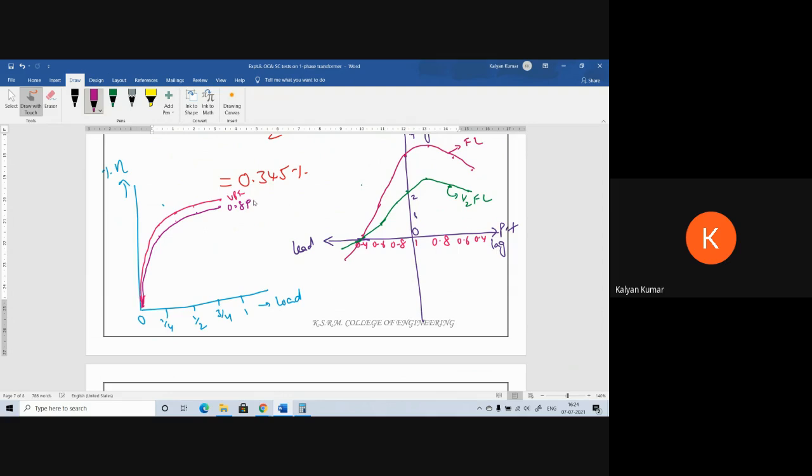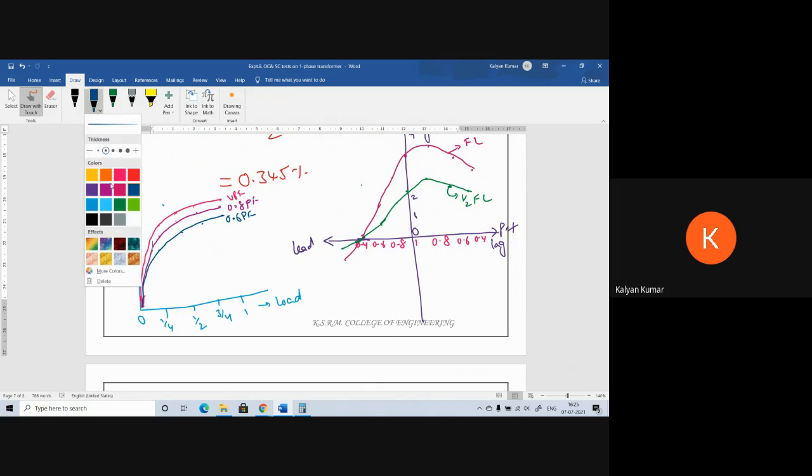0.8 power factor. Next, for 0.6, look at the points corresponding to 1/4 full load, half full load, 3/4 full load, and full load. Then join all the points. You will get the efficiency curve corresponding to 0.6 power factor.